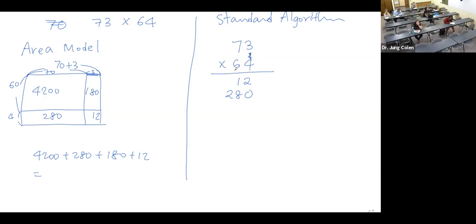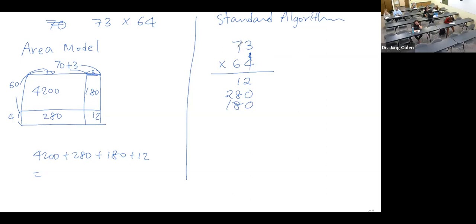How about times 60? Now we are doing 60. 60 times 3 is 180, right? If you just do 3 times 6, it's 18, but you have 60 times 3. So it is 180. That's why you have the 0 there, because we are counting how many tens. When you have 6 tens times 3, it's 18 tens.